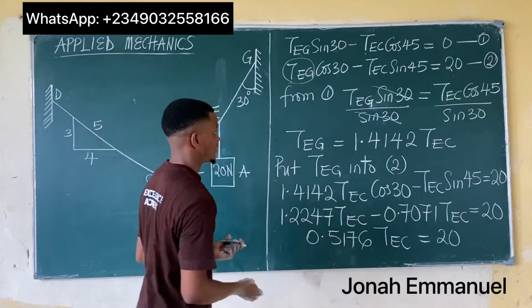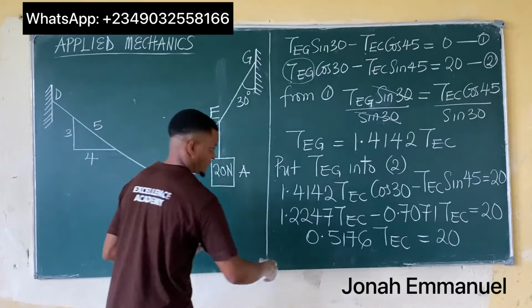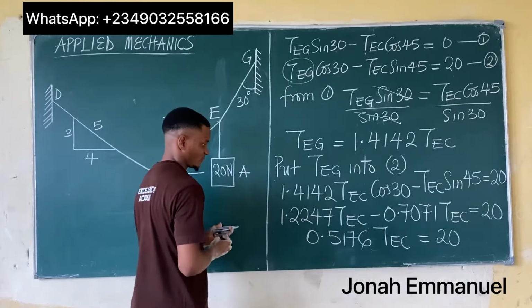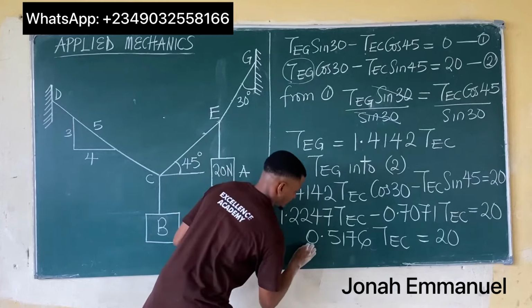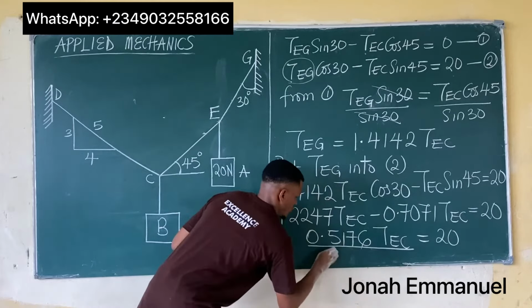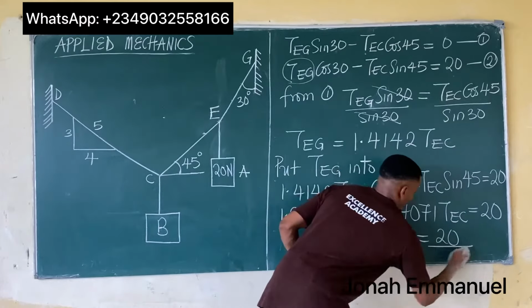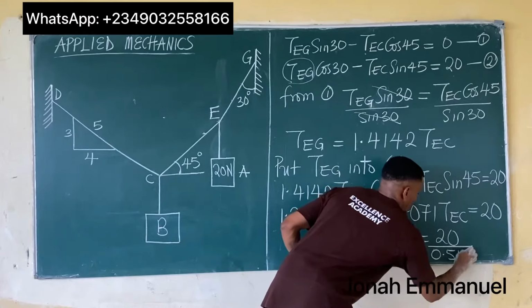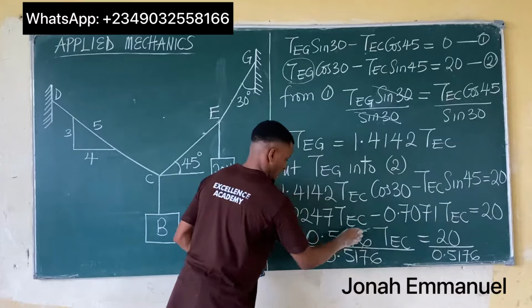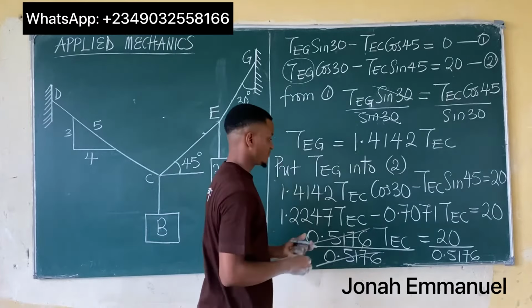So to get TEC, simply divide both sides by 0.5176. So this cancels this. Let's get TEC.